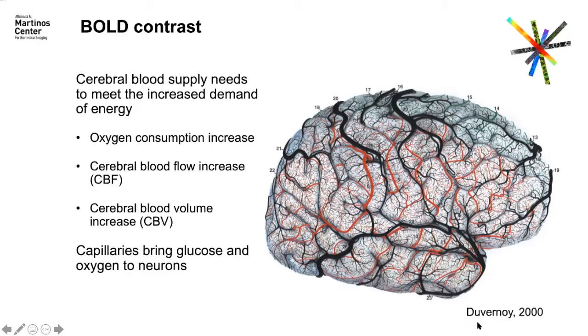Here's a picture of vascularization of the brain. Red are arteries and black are veins, and those very small veins, capillaries, between those, they bring glucose and oxygen to neurons.